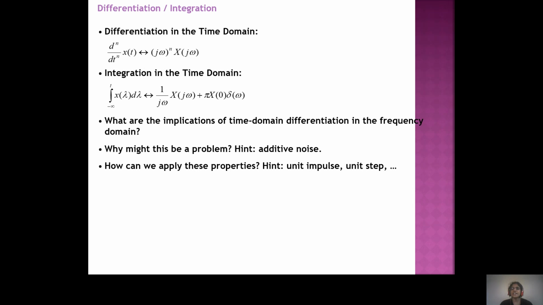Integration in the time domain: integral of minus infinity to t of x of lambda d lambda corresponds to 1 by j omega X of j omega plus pi X of 0 into delta of omega. So this is the time domain differentiation in the frequency domain. We can use these properties for the unit pulse and unit step.